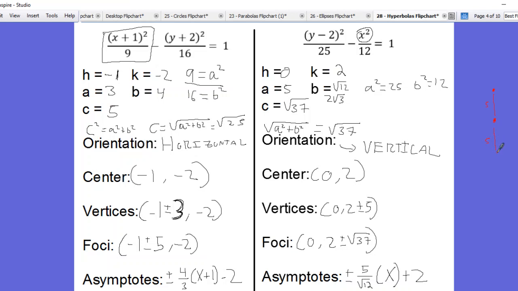Our b value is the square root of 12. That's 2 root 3, which is 2 times 1.7, approximately 3.4. So it's a little bit more than 3. We have 3 horizontally.